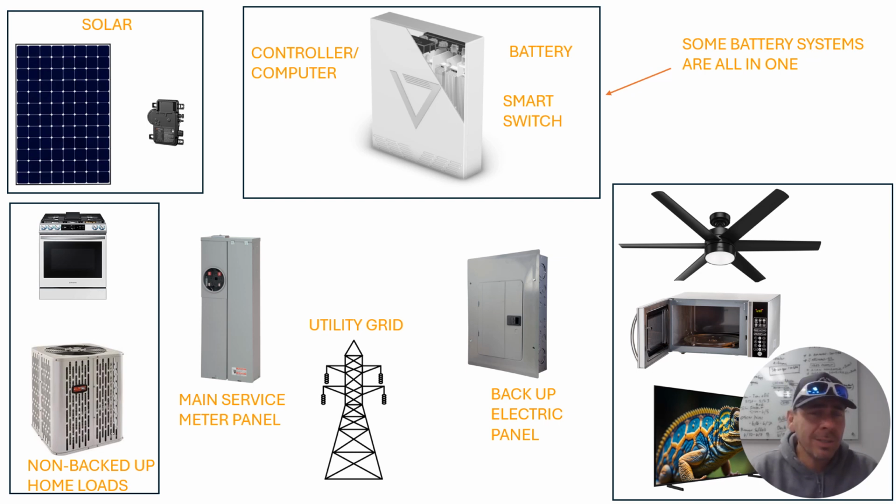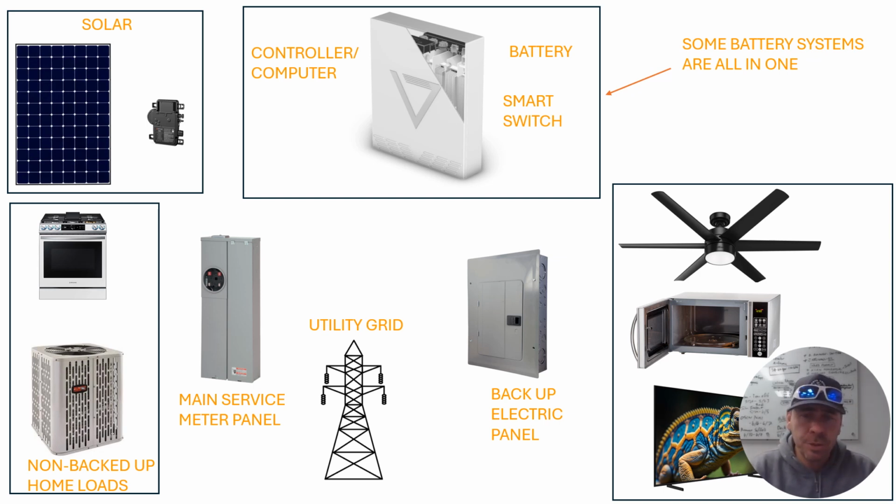I put an oven on there as an example because with an oven, you typically would bake something for an hour or so, and it could pull anywhere between 3 to 9,000 watts at a time, maybe even 10,000 watts, depending on what kind of oven you're using. So it makes it a high demand appliance that takes a lot of power at one time and takes the power away from maybe some other important loads you want to back up, and also consumes your battery very fast in a backup scenario.